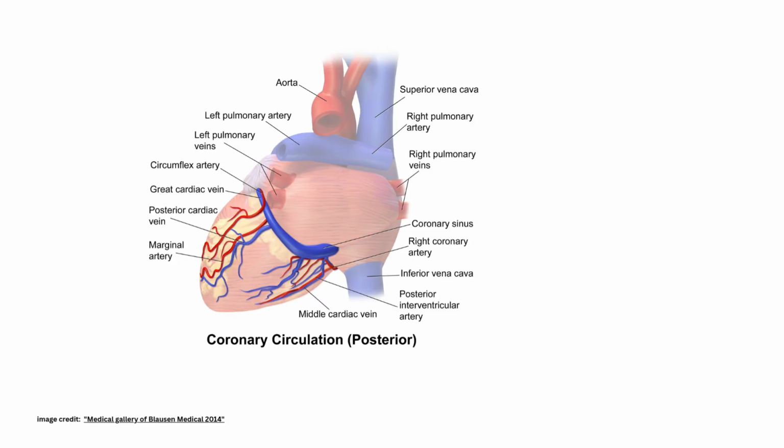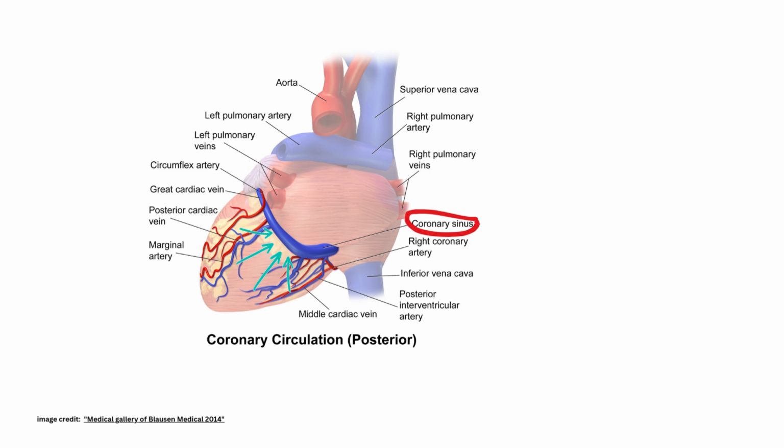So, up until now, we've been talking about how oxygenated blood goes into the heart, but how does this used, deoxygenated blood leave the heart? So, this is where the coronary sinus comes into play. After the heart muscle uses up all the oxygen, the deoxygenated blood is collected by a series of multiple cardiac veins draining the heart.